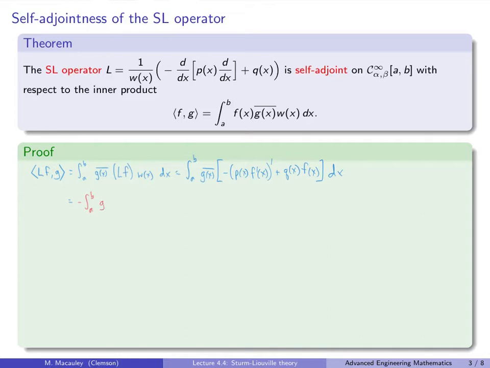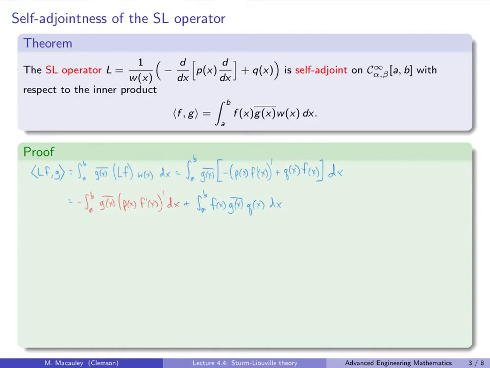So this is g of x bar times p of x f prime of x, quantity prime dx. And then what's left over is the integral from a to b of f of x g of x bar times q of x dx.